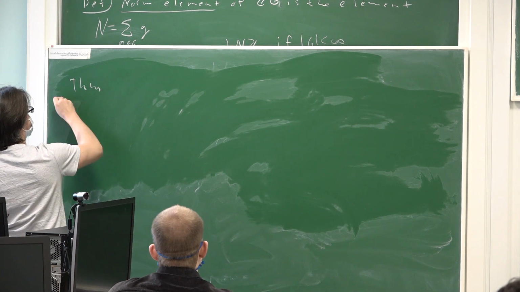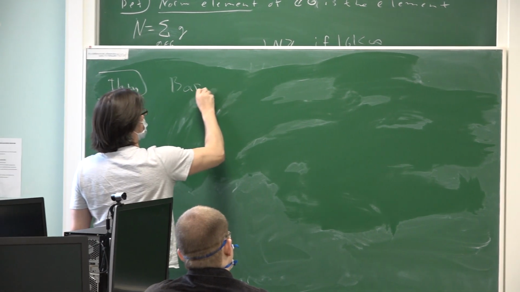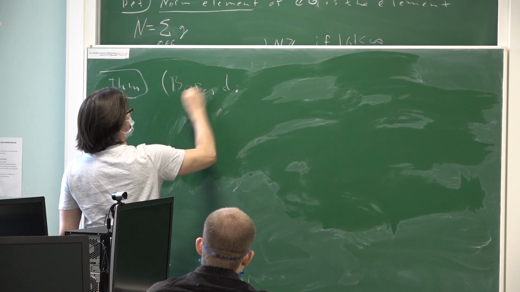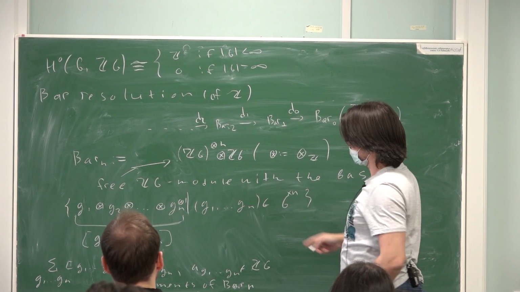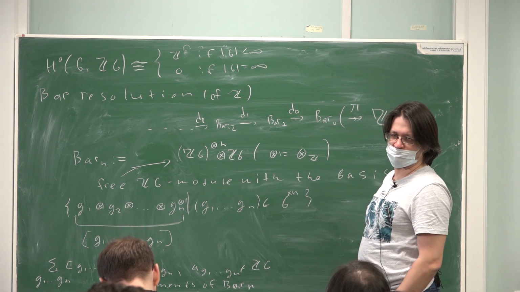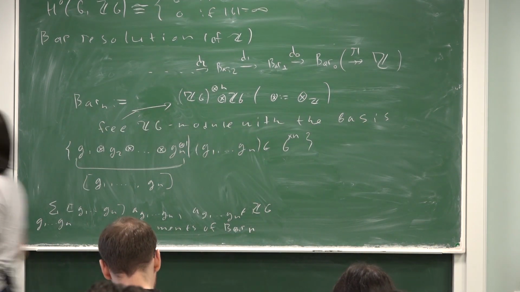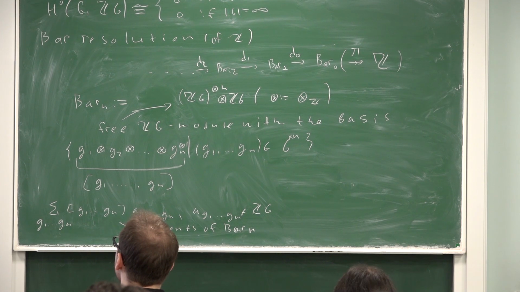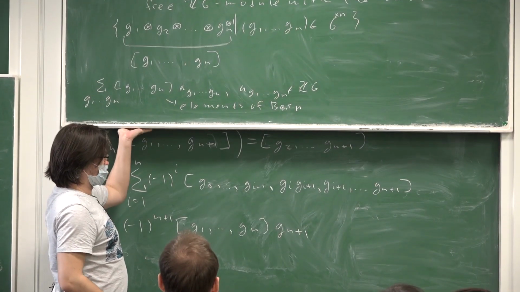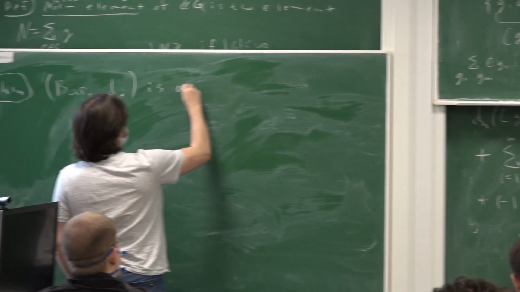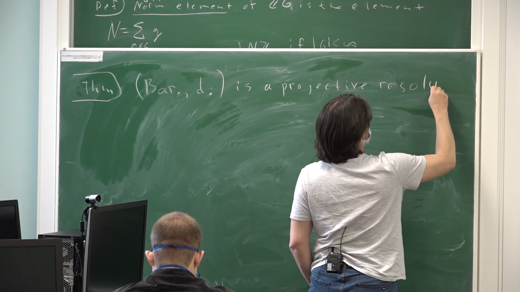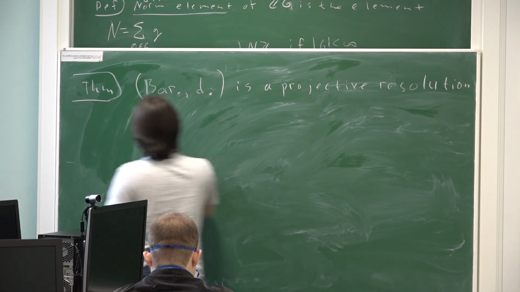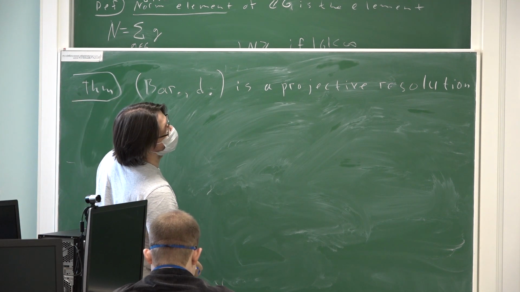Theorem: bar d is a projective resolution of Z. Here we simply have a projection because bar 0 is by definition Zg, and we have a projection from Zg to Z, with kernel the augmentation ideal.